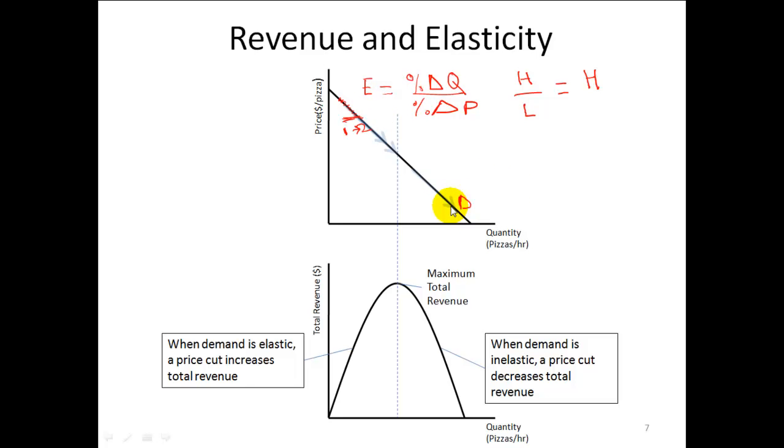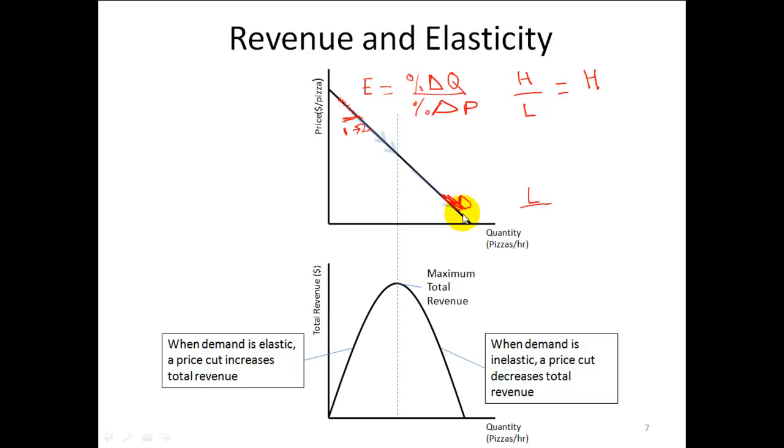What about this region over here? In this region, again the formula is the same, percentage change in quantity divided by percentage change in price, but the percentage change in quantity is now going to be low, because let's say you are going from 100 units to 101 units. But price numbers are small. The price might be going from $1 to 50 cents.